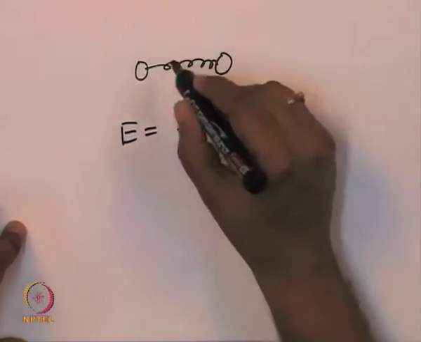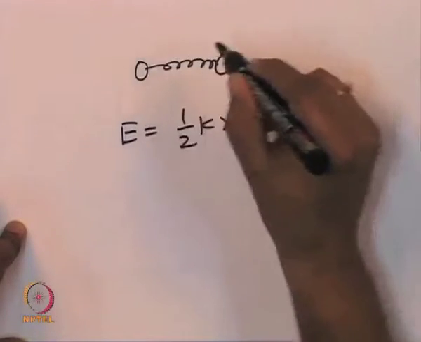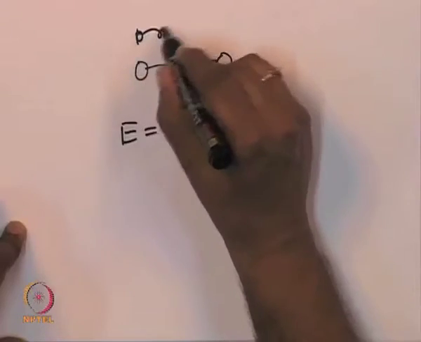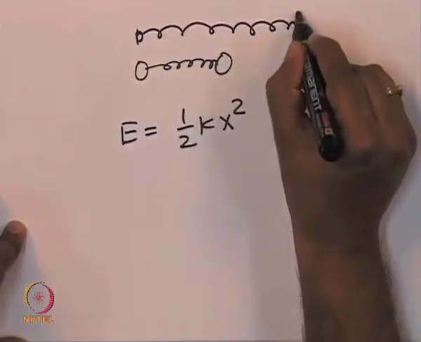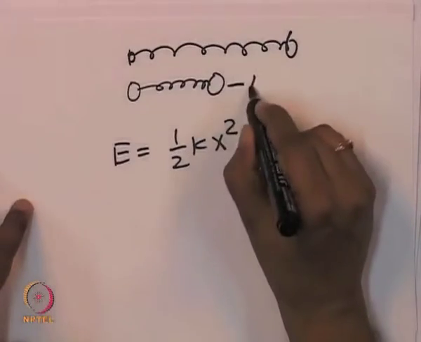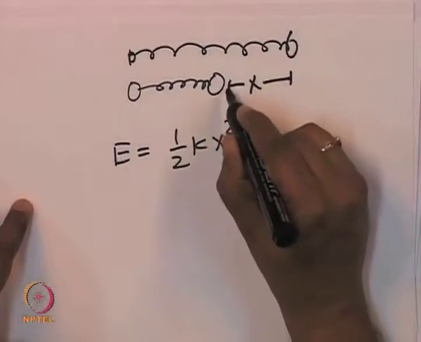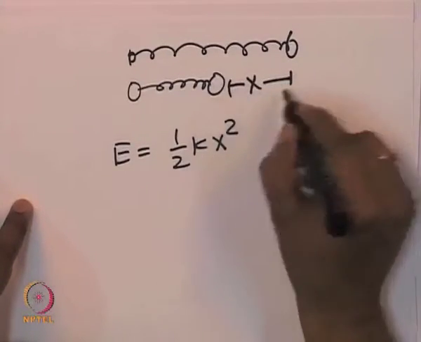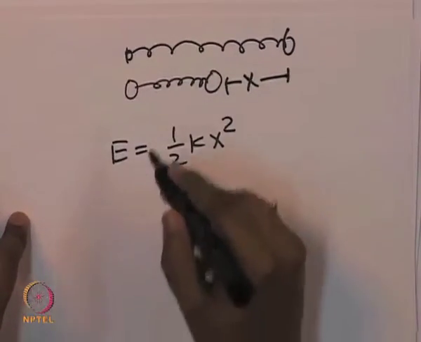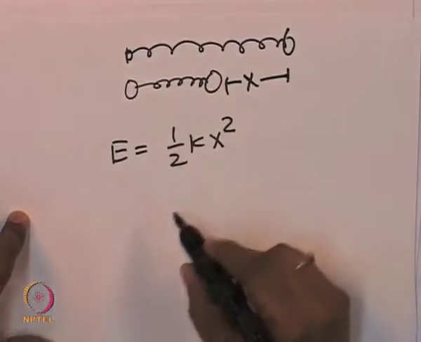So, at equilibrium you have such a spring, and this can get stretched, then this distance we can call x. If it is stretched by a distance of x, then the energy is half k x square. Even if it is compressed by a distance of x, the energy is half k x square.